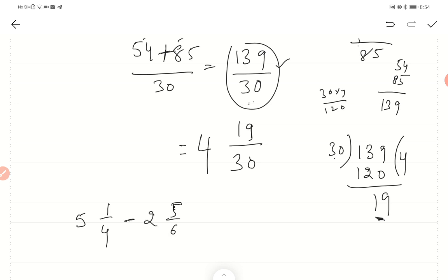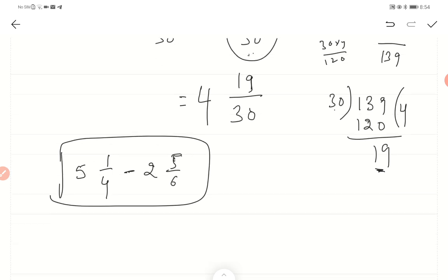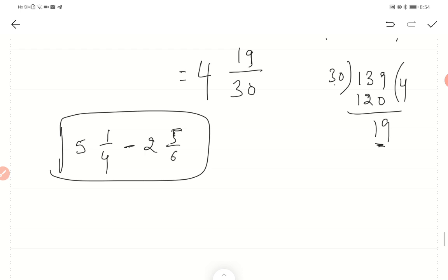Subtraction is just the same as what we did for addition. Try to do this. And one more problem I'm going to give you is 5 2 by 7 plus 1 by 6 minus 2 3 by 7.